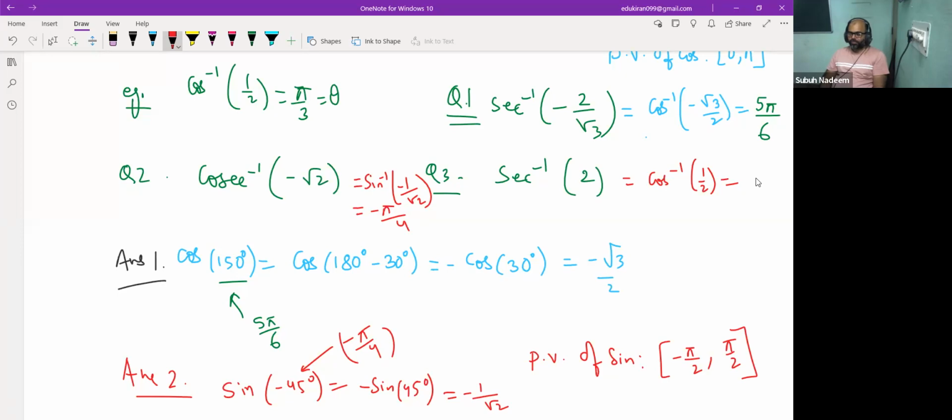The angle is 60 degree, that is pi by 3. Cos 60 degree is half. So this is what we have.